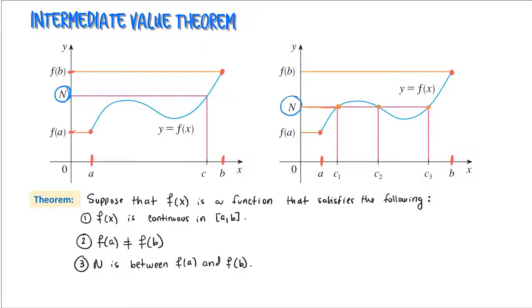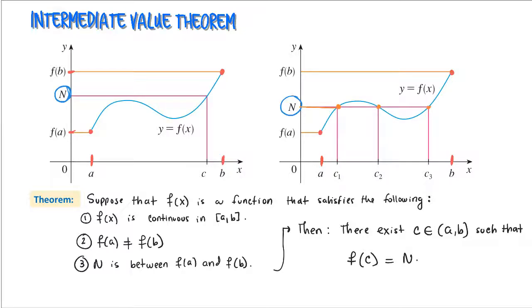If this is the case, then, and this is the conclusion, there exists a number c in the open interval (a, b) such that f of c is equal to n.